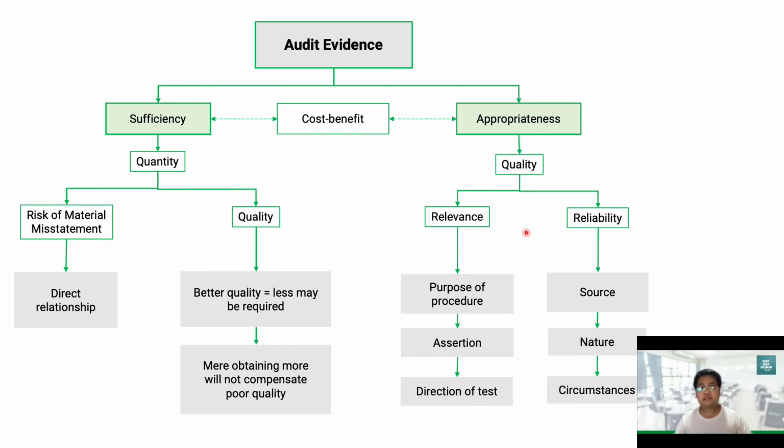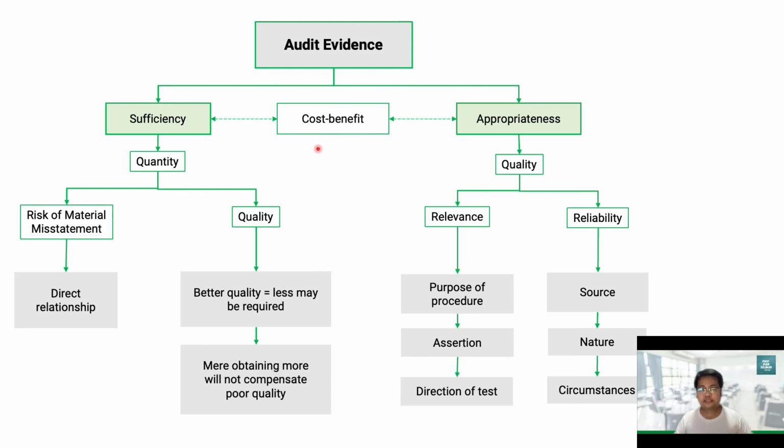So finally, aside from considering the factors that affect sufficiency and appropriateness of evidence, we also consider the cost-benefit consideration. Normally, we are constrained by the cost of obtaining evidence. That is why if the benefit would not exceed the cost of obtaining the evidence, then we will not perform the procedure or we will not obtain the evidence.